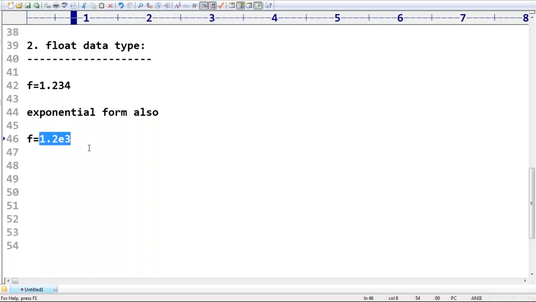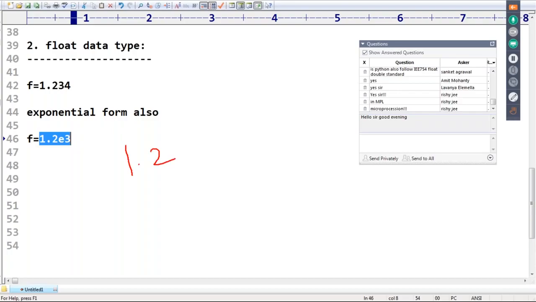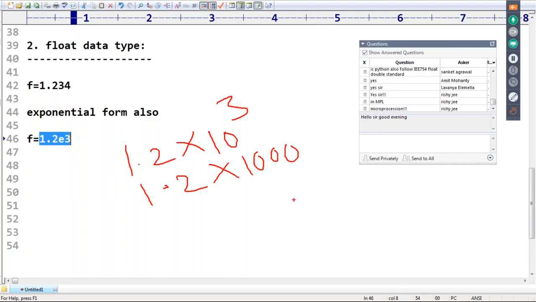Now my question is, what about its value? 1.2E3, what about its value, sir? 1.2 into 10 power 3. 10 power 3 means what? 1000.